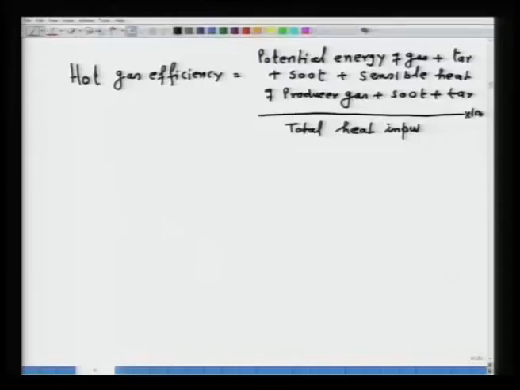Then we can also define the third term, that is the thermal efficiency.